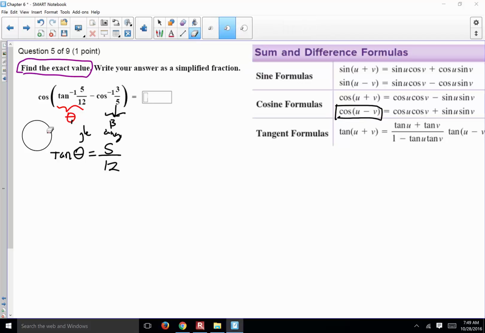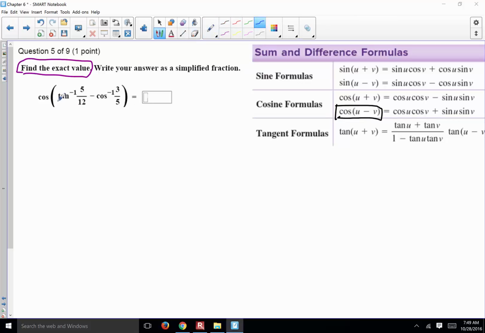So I will take this one, all clean, and call this U, which is what you have in the formula, and this is V. So you are going to expand this out by the cosine U minus V formula, but rather than using the letters U and V, everywhere you need to substitute tangent inverse and cosine inverse for U and V respectively. Okay?